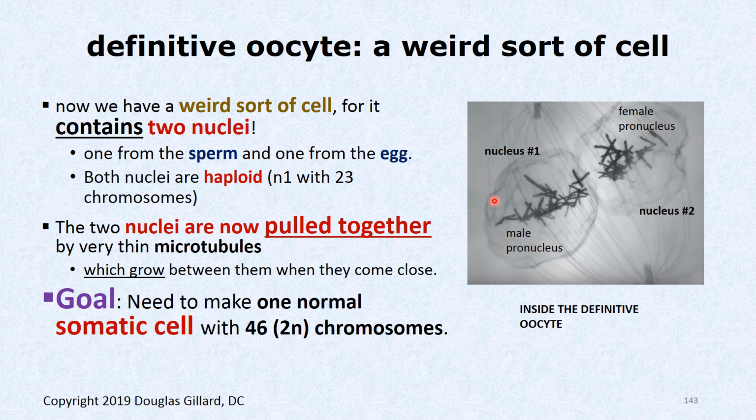I mean, as we speak, it's maturing, going through meiosis too. So basically, we're going to have two mature nuclei, but they're both 1N. So that's a really weird cell. Our goal is to make one normal body cell or somatic cell that has 46 chromosomes, that's 2N, it's diploid. And that's the next task.